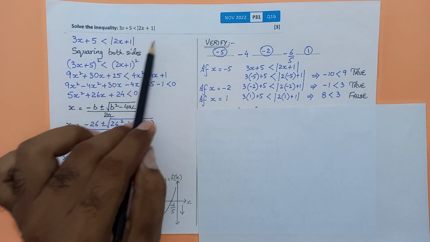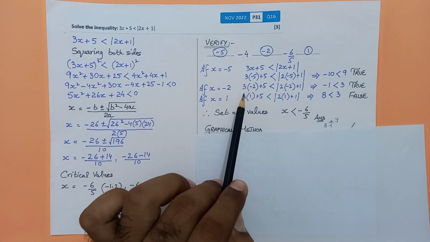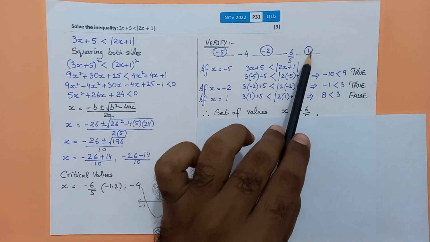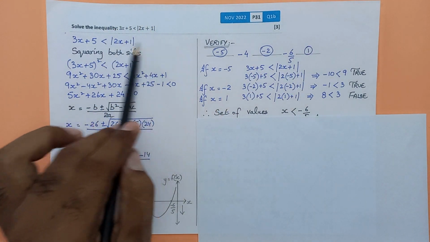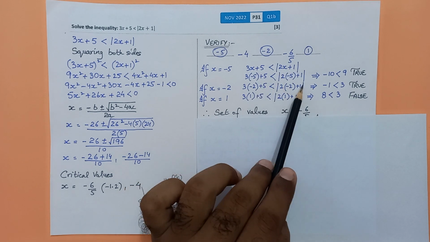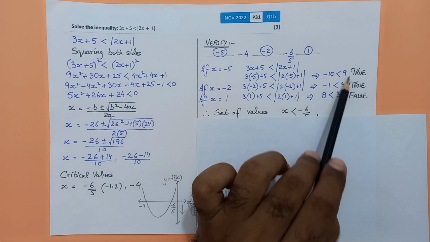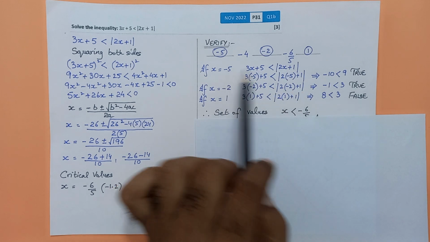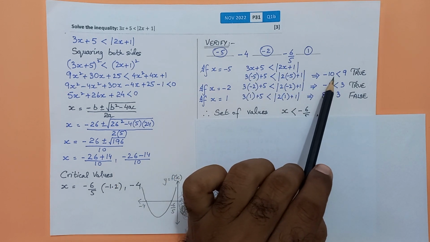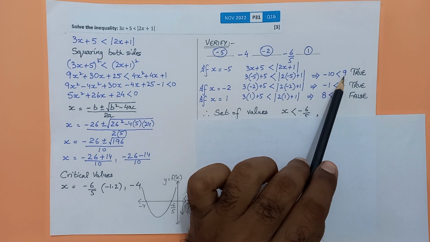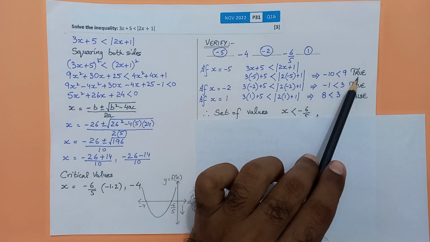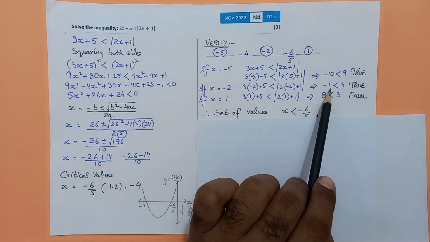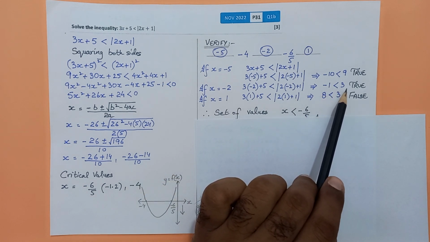Use your question. Place these values, the negative 5, the negative 2, and the positive 1, in your main question, solve them, and check whether the answers are true or false. For the first one, when we took -5, it was seen that -10 is less than 9, which is definitely true. When we took x as -2, it was seen that -1 is less than 3.